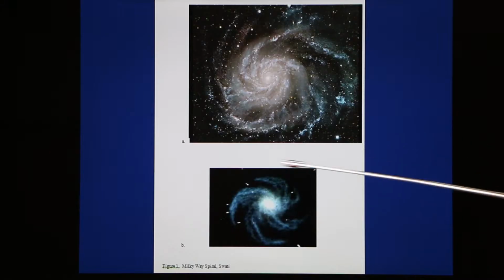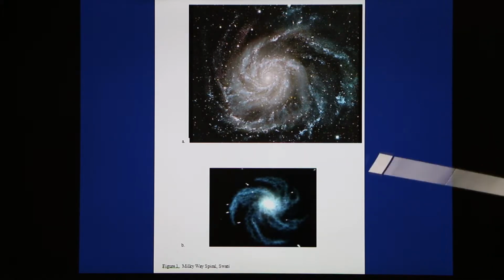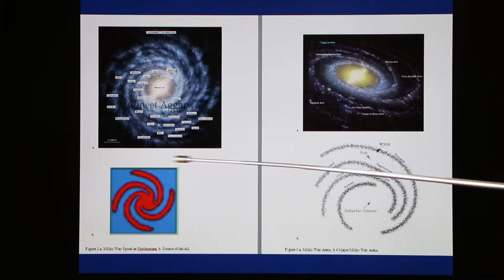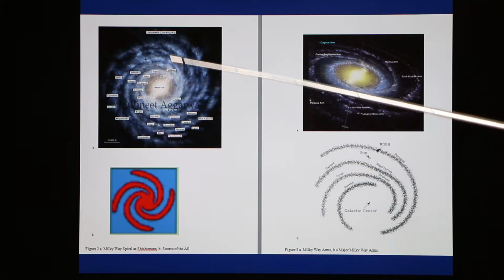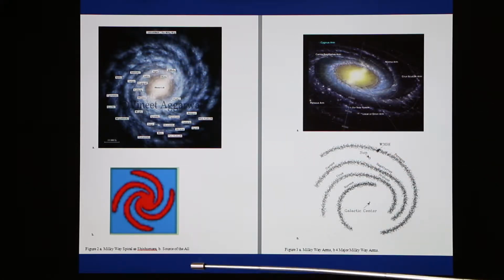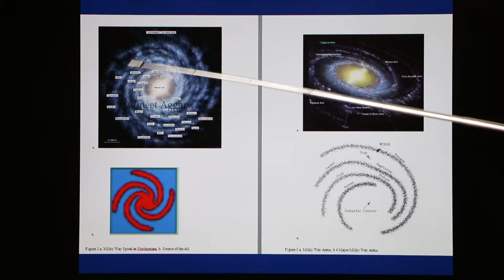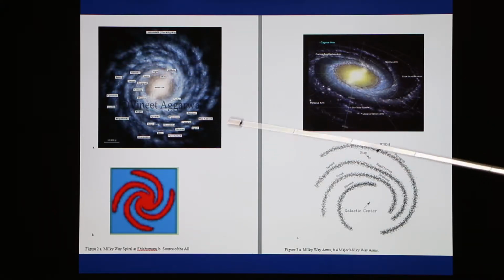So here are two pictures of a Milky Way spiral that is called by the Russians Svati. And what's fascinating is that if you go to some of the Indian sources, you will see that this Milky Way Swati is called Shishumara, and that all of these funny little names here are names of gods.